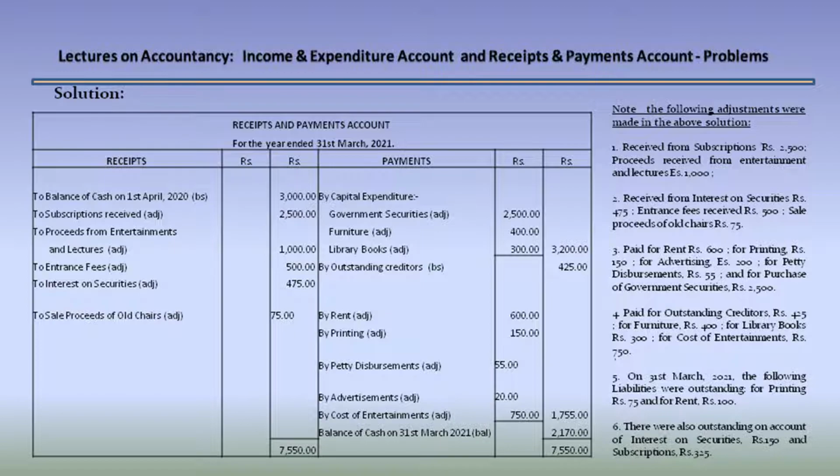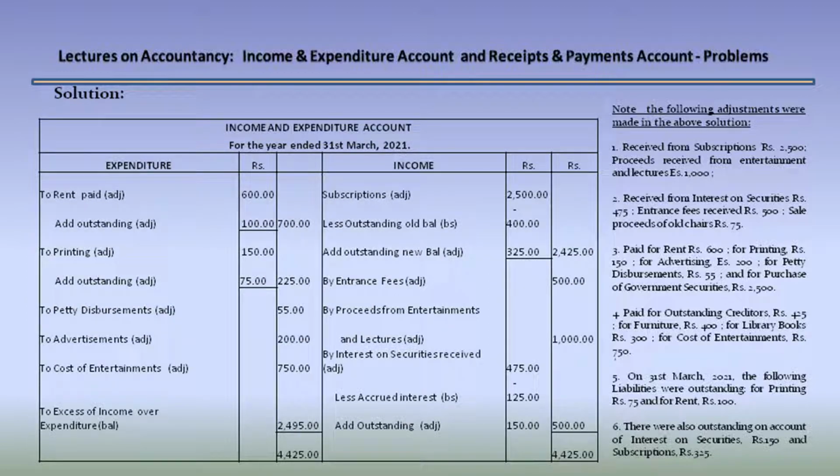To balance cash 31st March 2021, this is the balancing figure, 2,170. Total receipts have come to 7,550, and the excess of receipts over payments is 2,170 rupees. This is how the receipts and payments account is prepared.